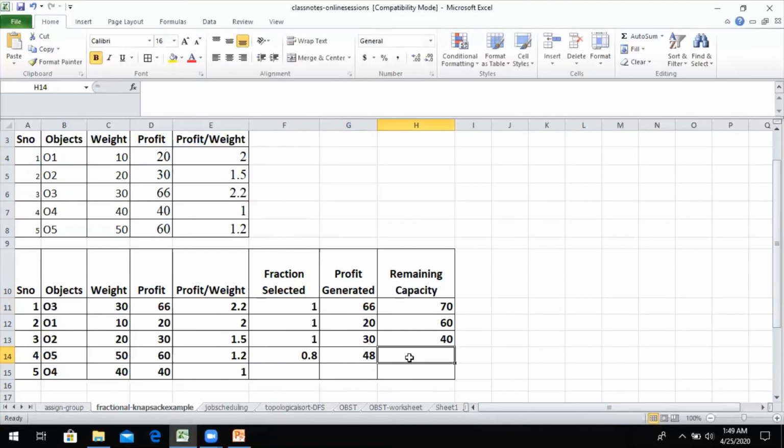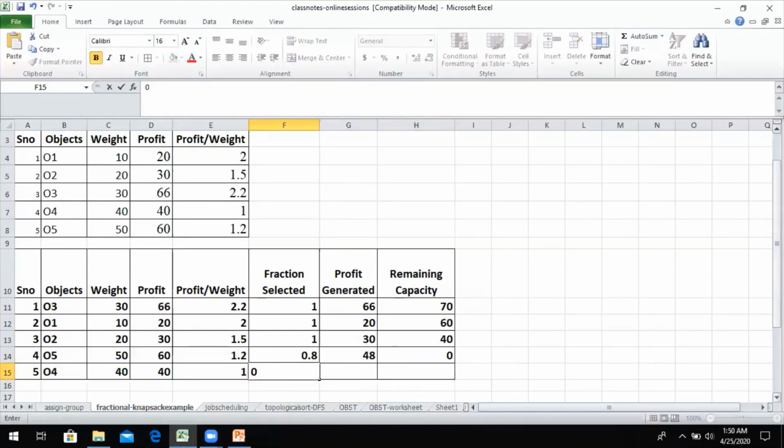So let's find out the remaining capacity: 40 minus 0.8 into 50, which will be 0. So we have filled the bag to its full capacity, since the remaining capacity has become 0 now. What are the objects selected? Object O3, 1 unit, object O1, 1 unit, O2, 1 unit, and O5, 0.8 units, and I do not select object O4.